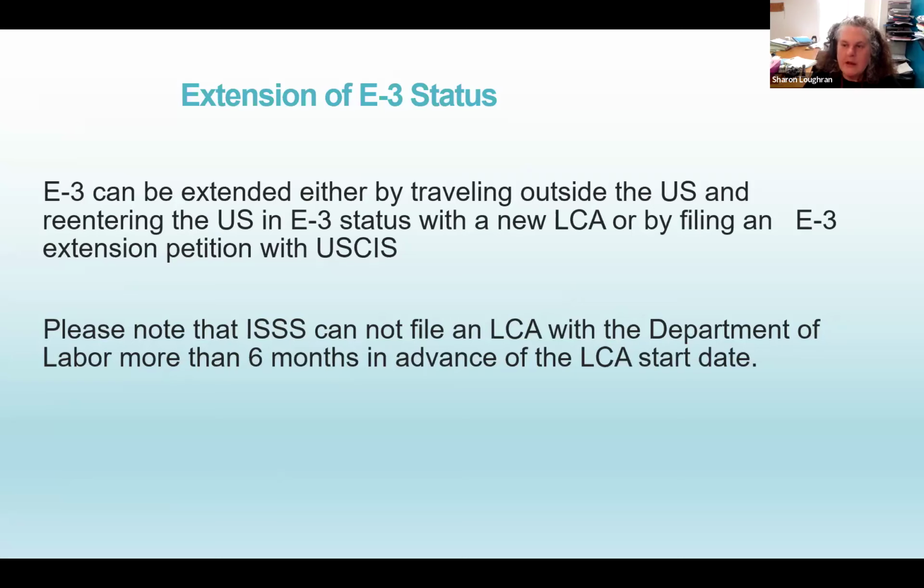It's much faster, but sometimes people don't want to travel. They don't have to necessarily travel to Australia, by the way. They could travel somewhere else. We cannot start doing an LCA for 6 months ahead of time. So if your start date is July 1, we could start working on it in January of that year. Next.